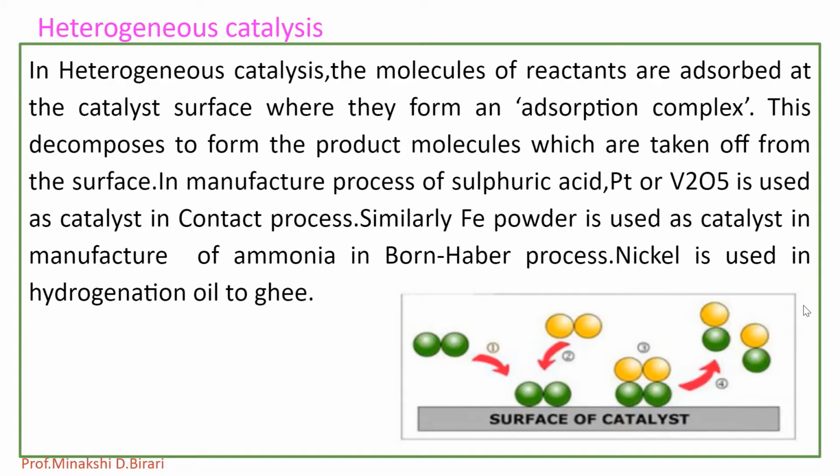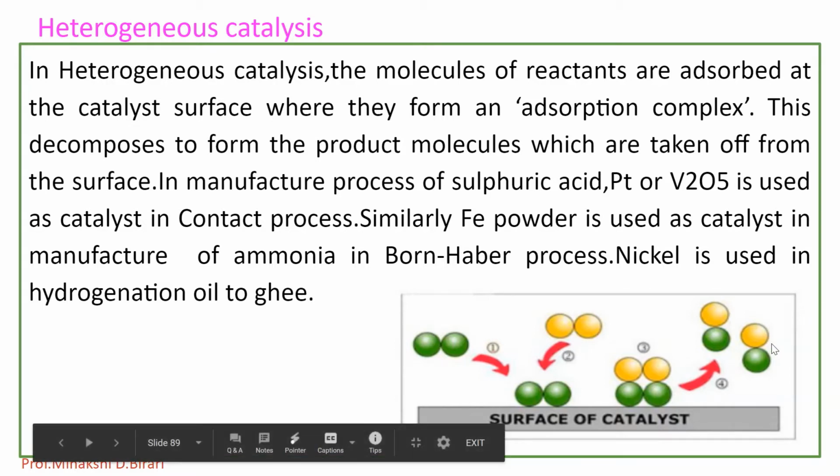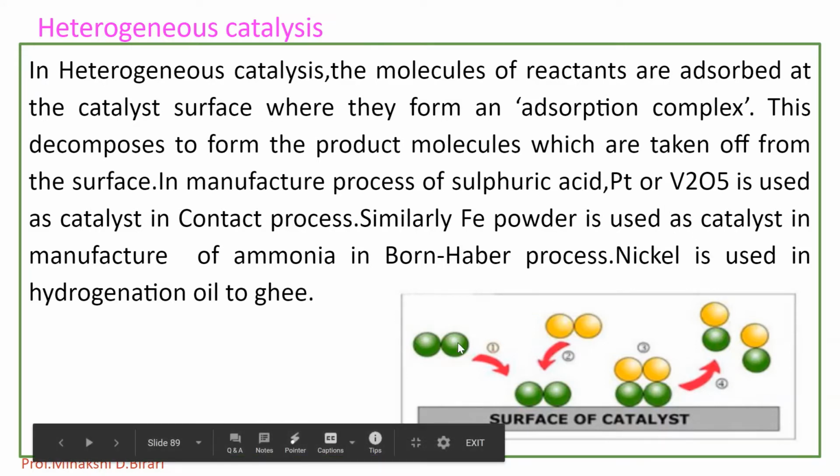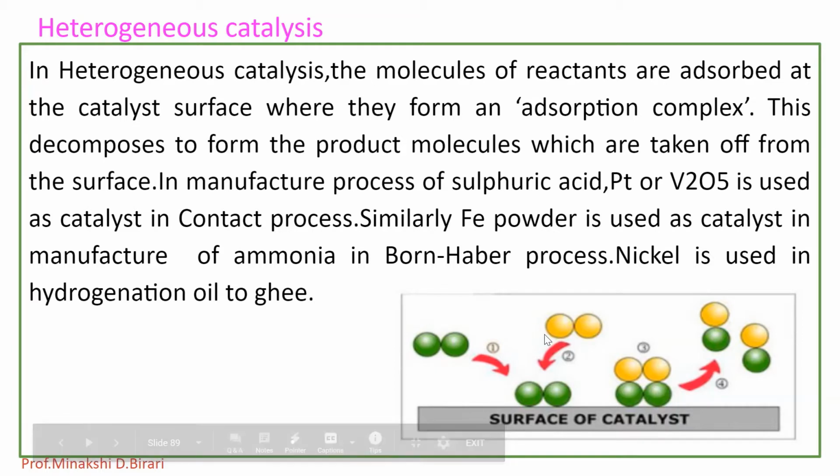The product molecules are desorbed from the surface and diffusion of products away from the catalyst surface takes place, and the products are stable. In heterogeneous catalysis, the molecules of reactants are adsorbed at the catalyst surface where they form an adsorption complex. This decomposes to form the product molecules which are taken off from the surface.